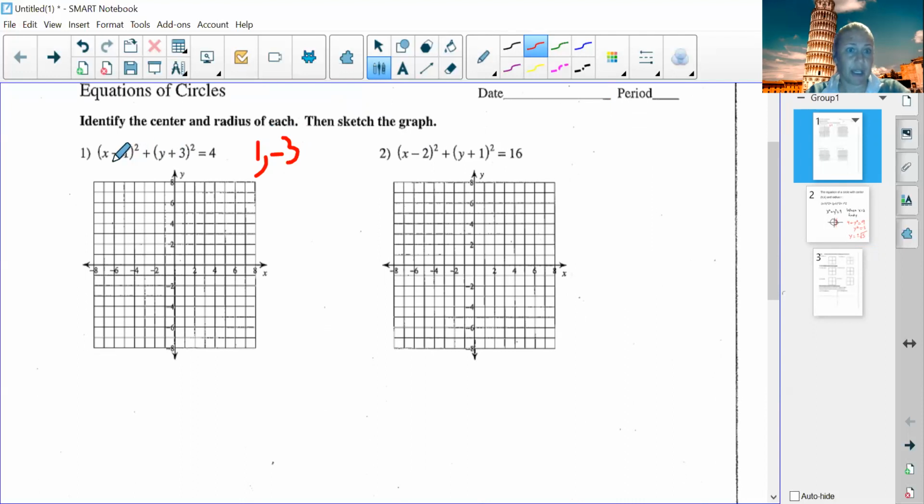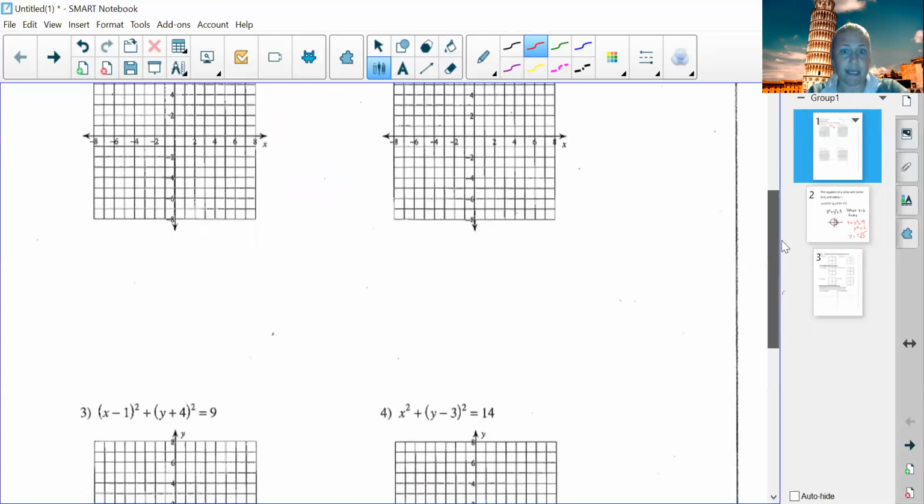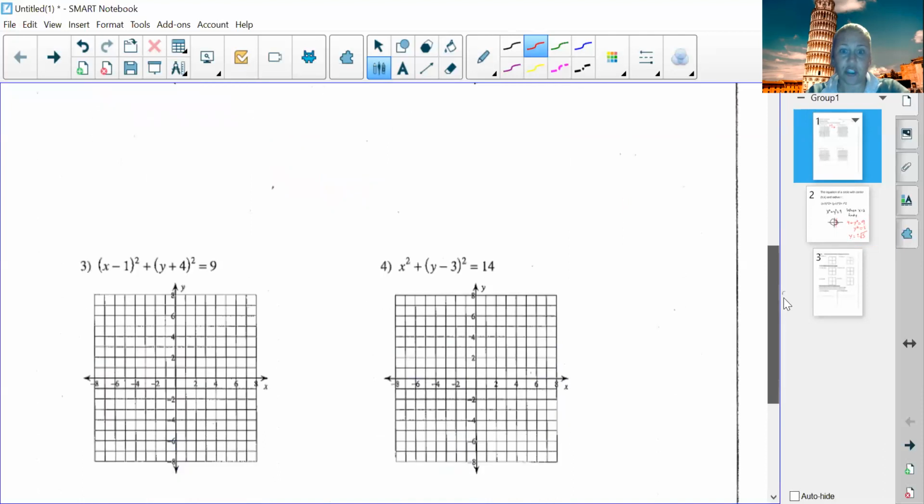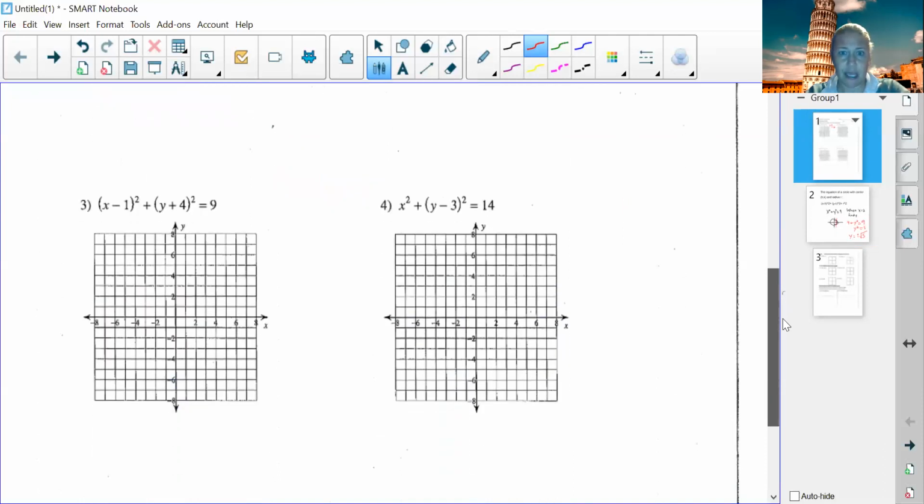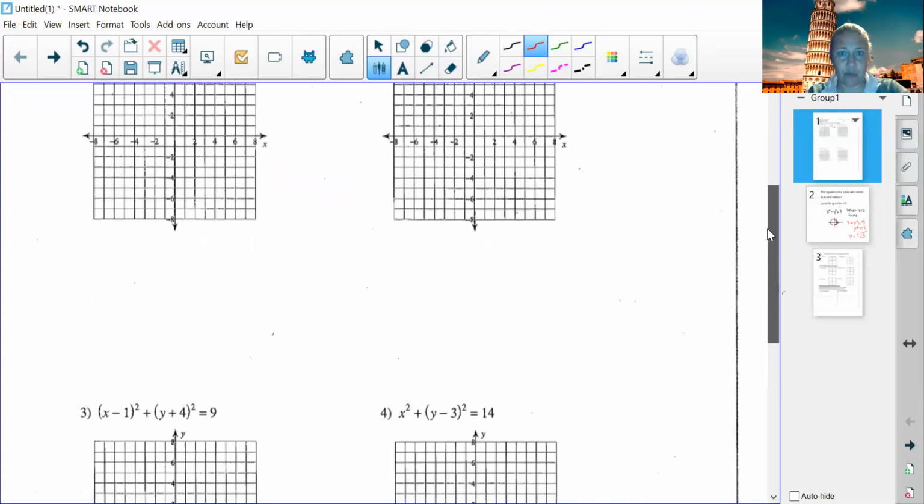Whatever I plug in here is what would give me the 0, 0 for both of those. And then a radius of 2. And then you just draw it. So I want you to pause the video and try drawing these 4 circles. Okay, and I'll post the answers when you come back.